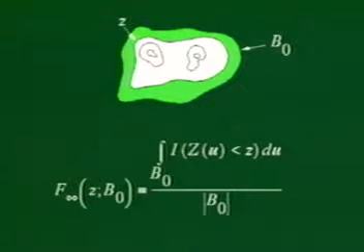The definition of the theoretical SCDF is given here. In its essence, the SCDF is the proportion of area in the spatial domain of interest, denoted B0, for which the value of the random field being considered is less than a cutoff value, denoted little z.